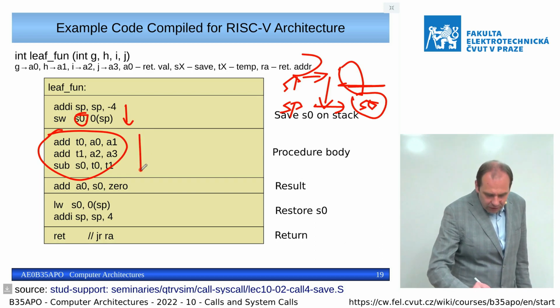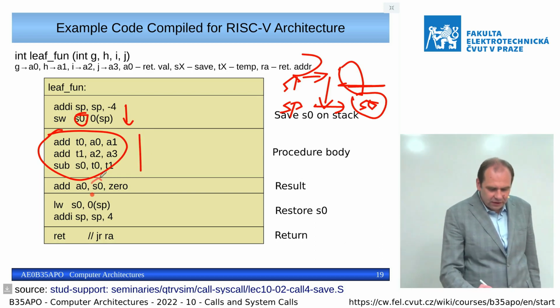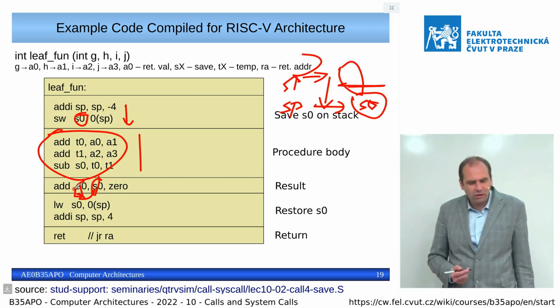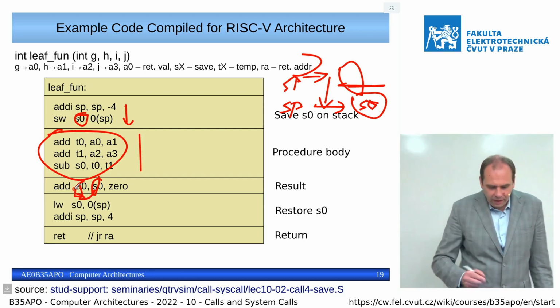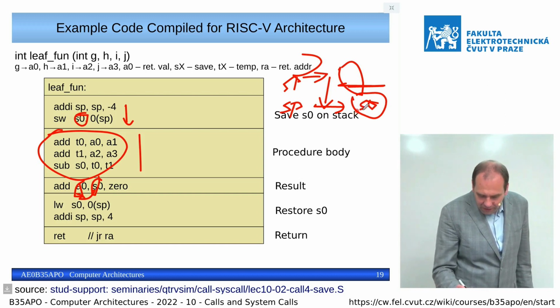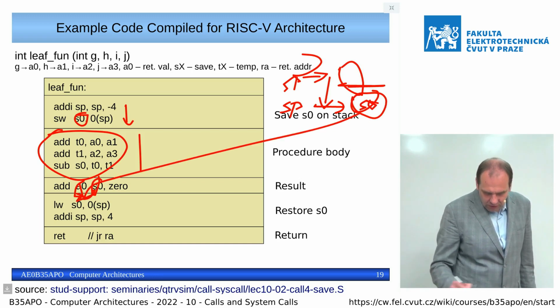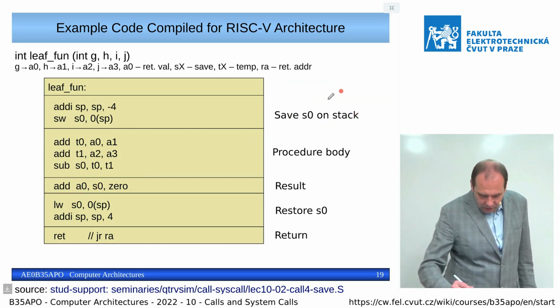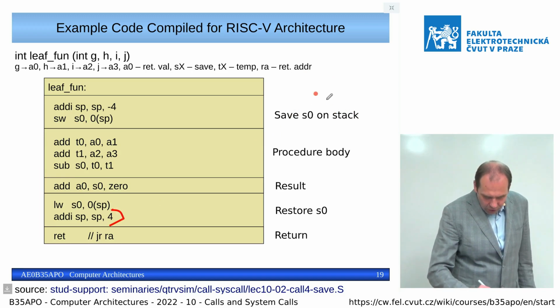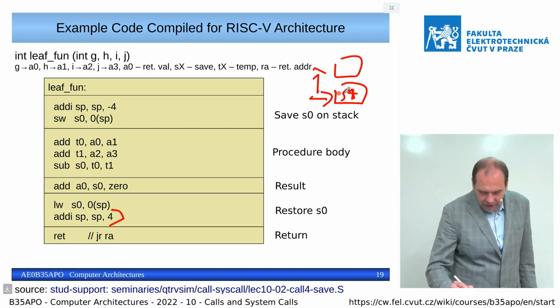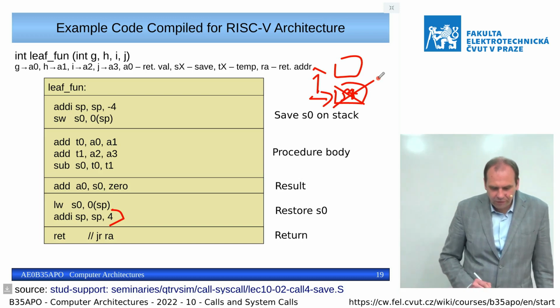Then we execute the code. At the end, the S0 is copied to the A0, so we no longer need the S0 value. And we load back a value from the stack to the S0 register, and then add 4 to the stack pointer, so our stack pointer is moved back, and we deallocate this space from the stack.